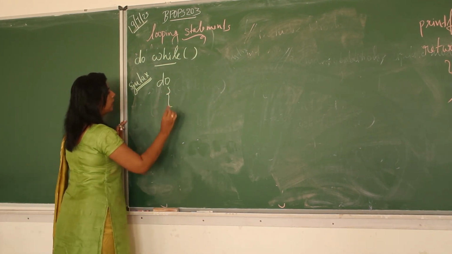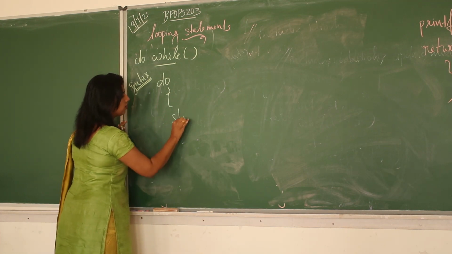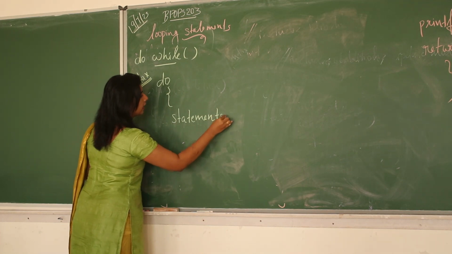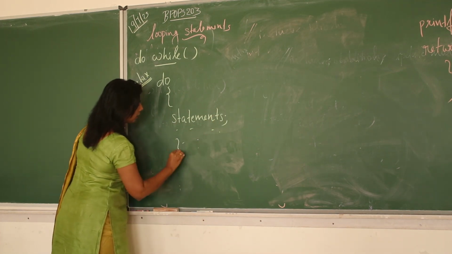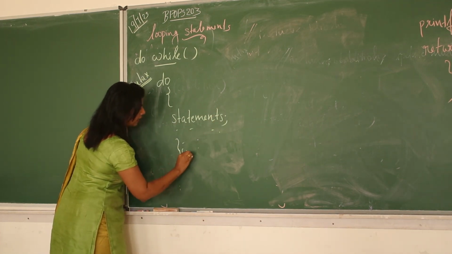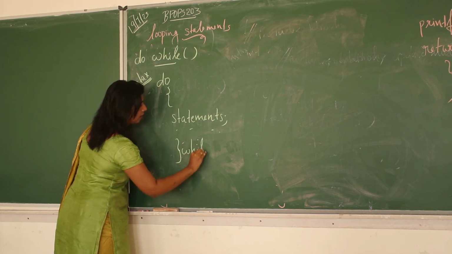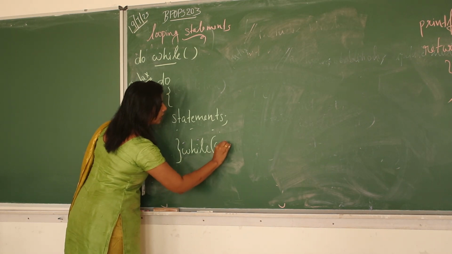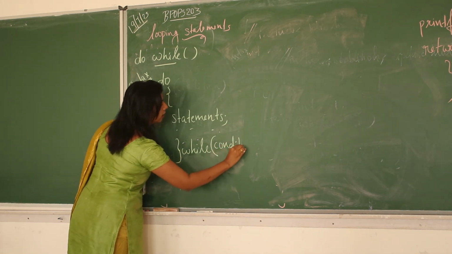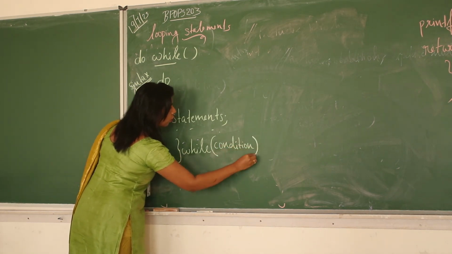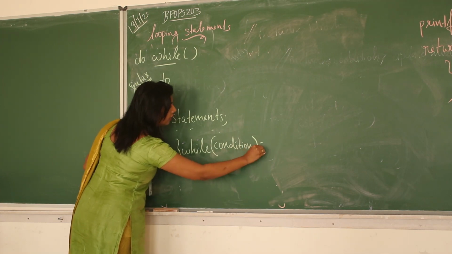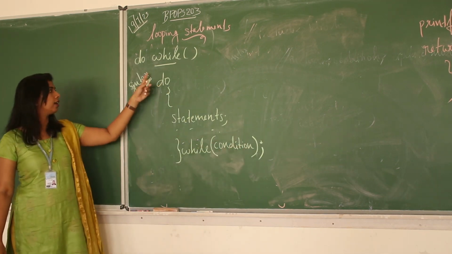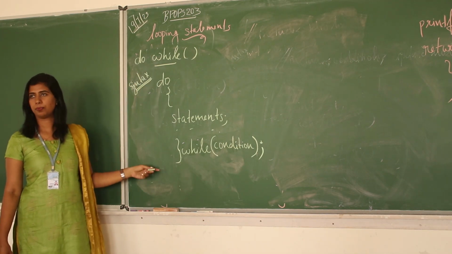Do, open the curly bracket, whichever statement you want to execute repeatedly, that you will write, then close the curly bracket, then write while, open the bracket, and you have to write the condition, then close the bracket, then you have to put the semicolon. This is the syntax for do while.